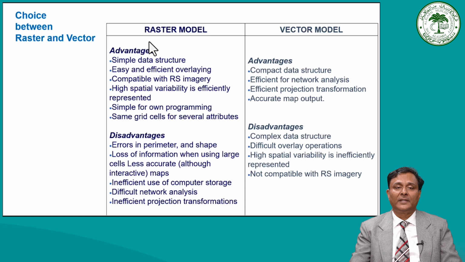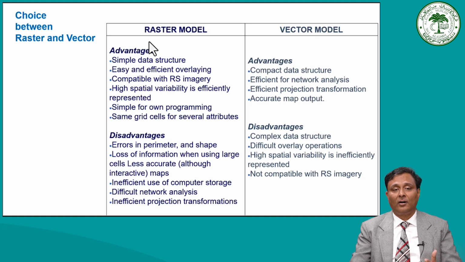Whereas the raster model has a simple data structure. It is very easy and efficient for overlaying. As I have said, it is compatible with remotely sensed imagery, simple for programming, and the same grid cells can represent several attributes.